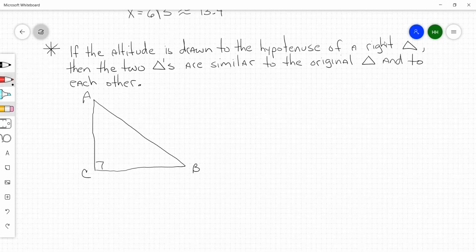An altitude goes from a vertex to the opposite side and it intersects at 90 degrees. So leaving C, we're going to go to AB and intersect at 90. That is an altitude. And where C hits AB, we'll label it D. So we have 3 triangles in this picture now.